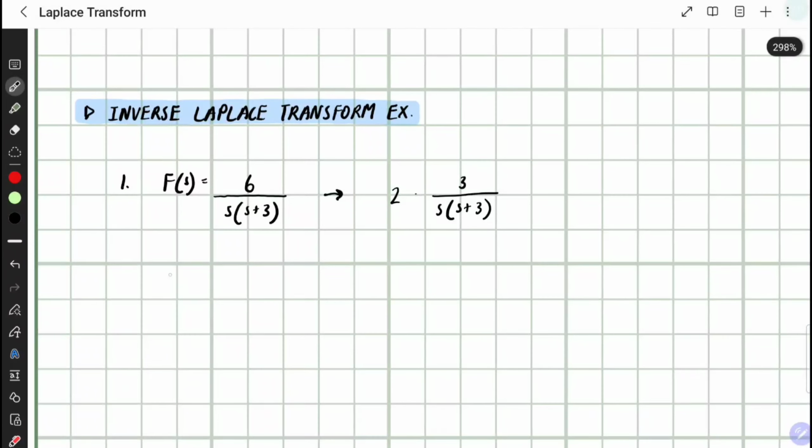So now our f of t is equal to the inverse Laplace of our f of s, which is the same thing as saying inverse Laplace of this entire thing.